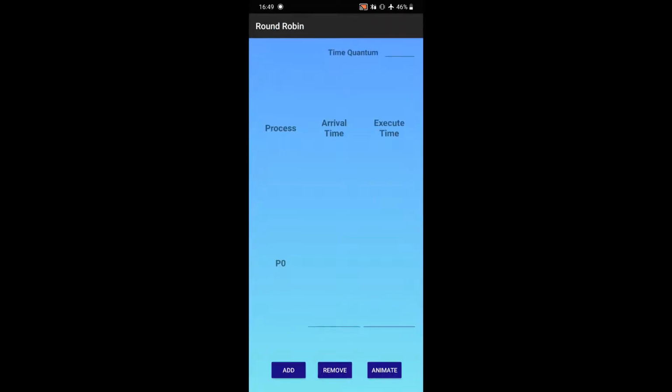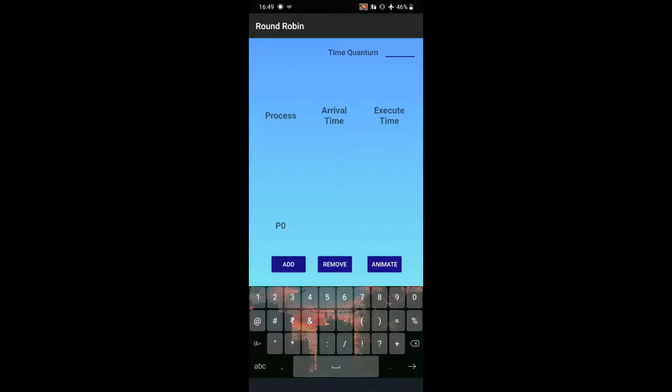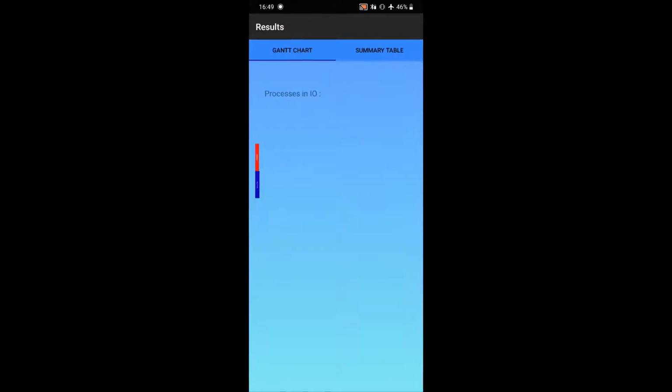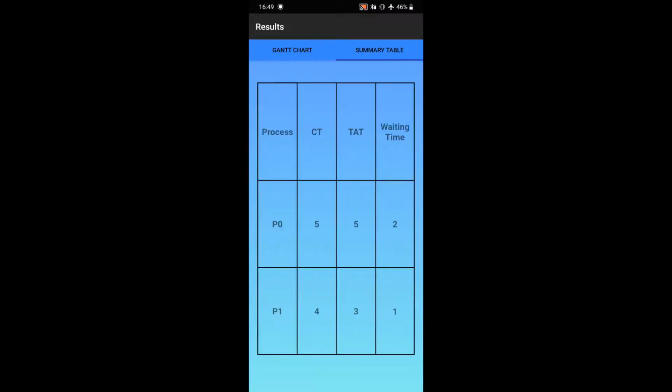Moving on to round robin, here we can enter the time quantum. Since the time quantum was 2, first P0 came and then after it P1 comes. Here is the summary table.